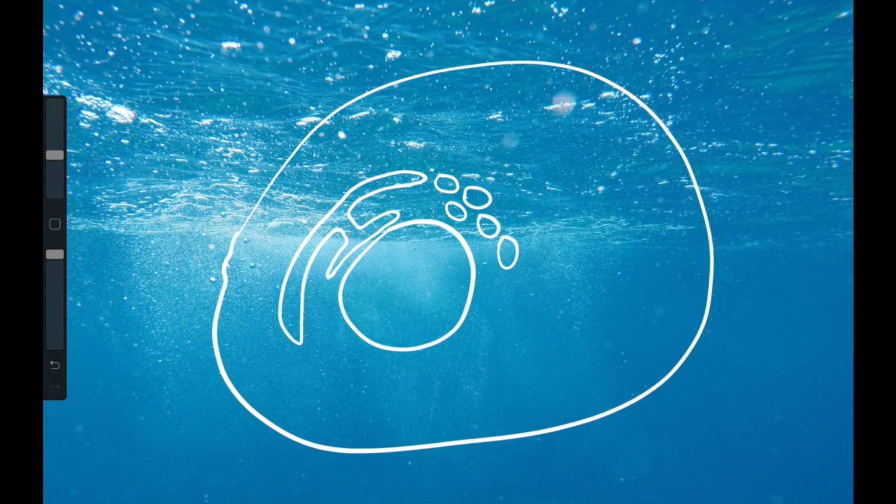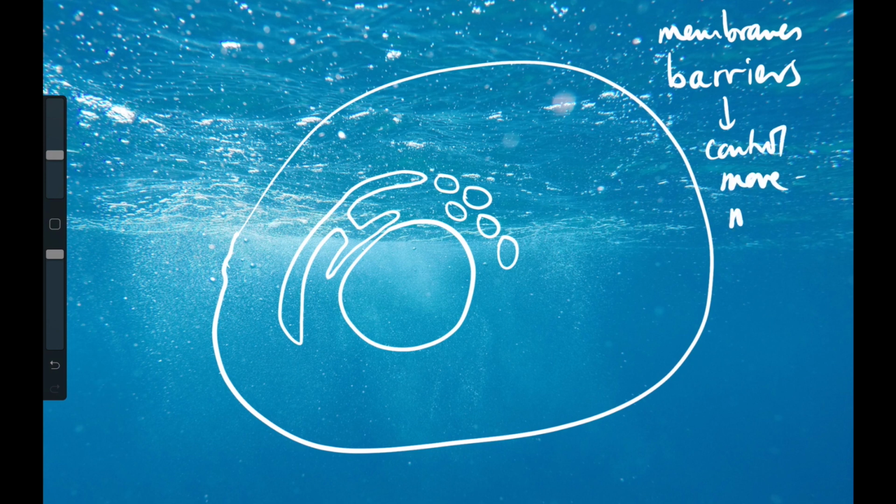So that's a very important feature, that membranes act as barriers. And because membranes act as barriers, we can control movement across the barrier.